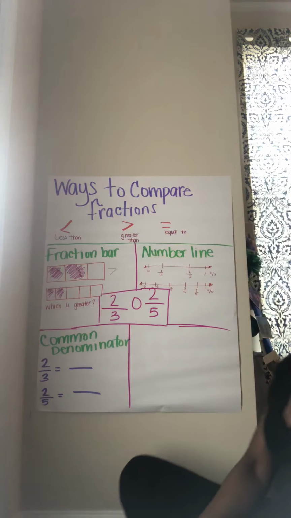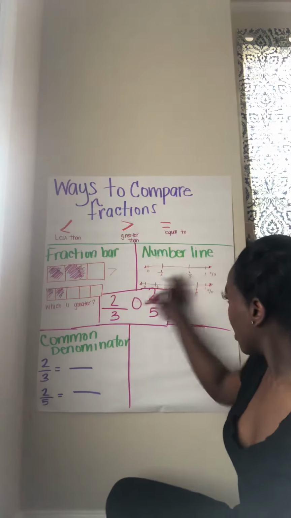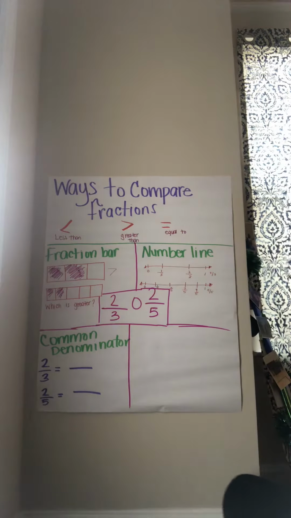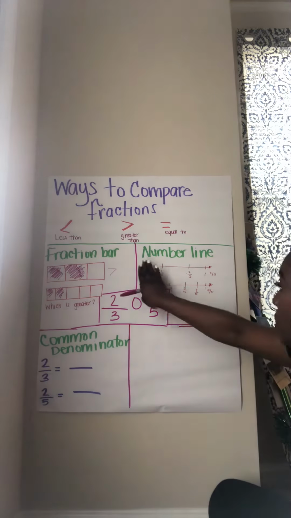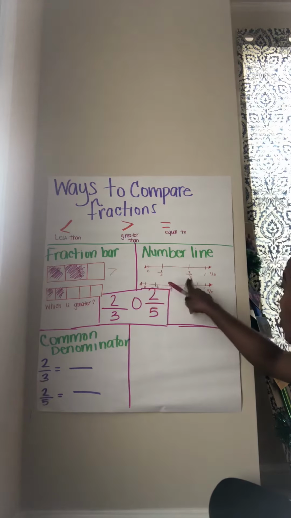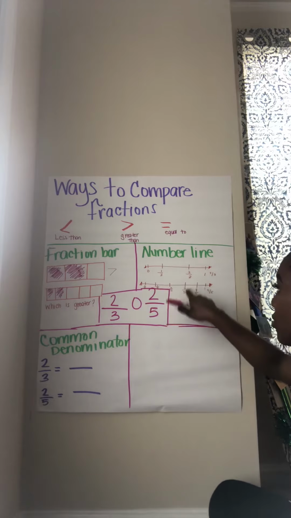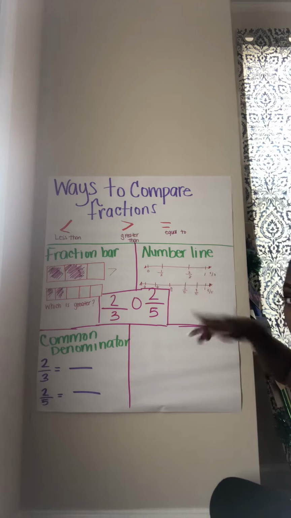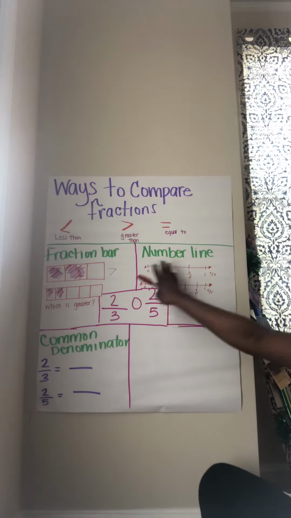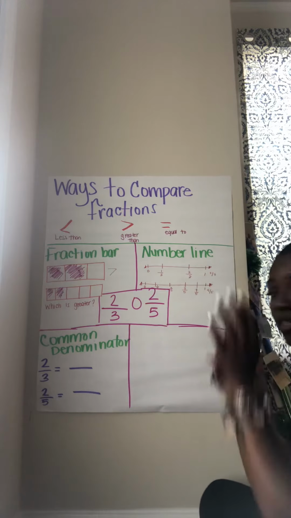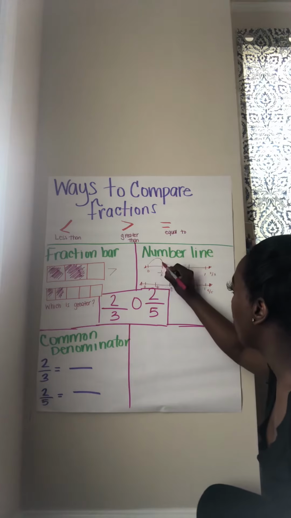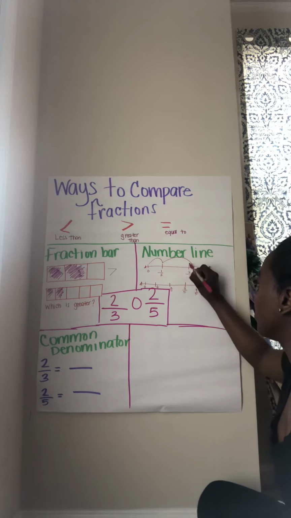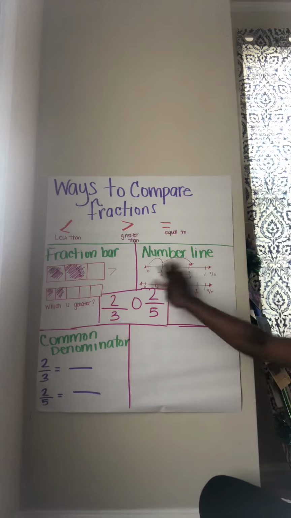Alright, now I have a number line. Again, I broke my number line up into 3 pieces, starting with 0. So 1, 2, 3. This is 1/3, 2/3, and then 3/3, which is one whole. Again, I'm going to jump to 2/3. That's it, right here, 2 jumps, 1, 2.